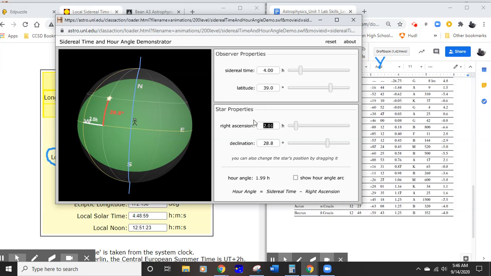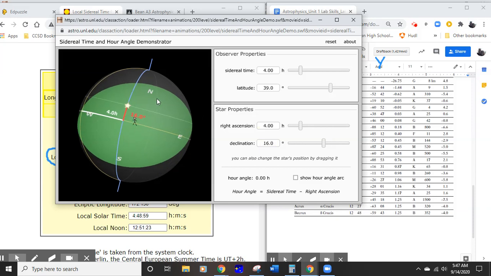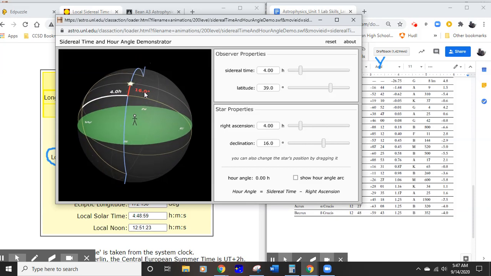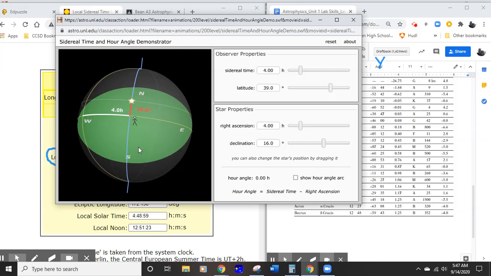The star is going to be 4 hours and 16 minutes. Here's us and here's the star. It's almost right on our meridian, almost directly over our heads. Take a look at the star if we can see this.